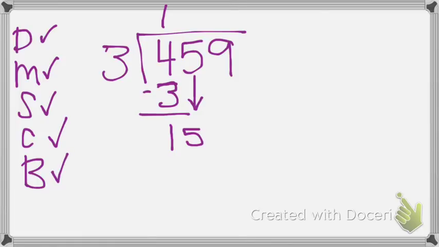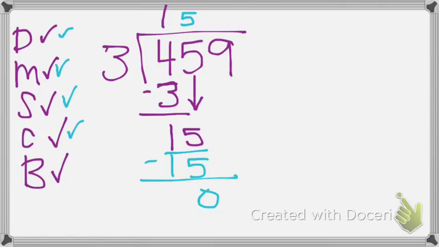Once I've gone to bring down and I still am ready to go, then I start back over. I divide whatever number I've just finished with, which was 15, divided by 3. So 3 goes into 15 5 times. 3 times 5 is 15, and I subtract and get 0. So this time I've done all of these steps. 0 is definitely less than 3, so I can keep on going.